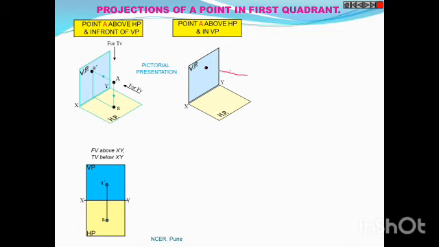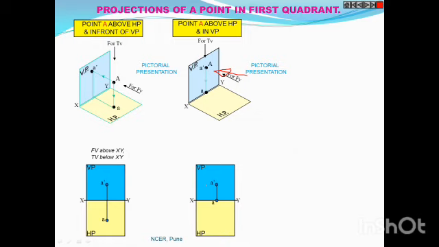So for the front view, we get the projection above the xy line as A dash, and for the top view, we get the projection directly on the xy line. So A dash is above the xy line by the distance the point is above the horizontal plane, and point A, the top view of the point, is on the xy line. You can see.